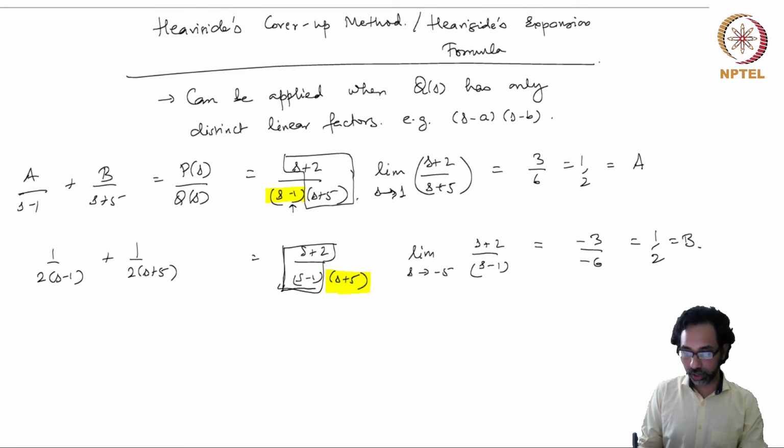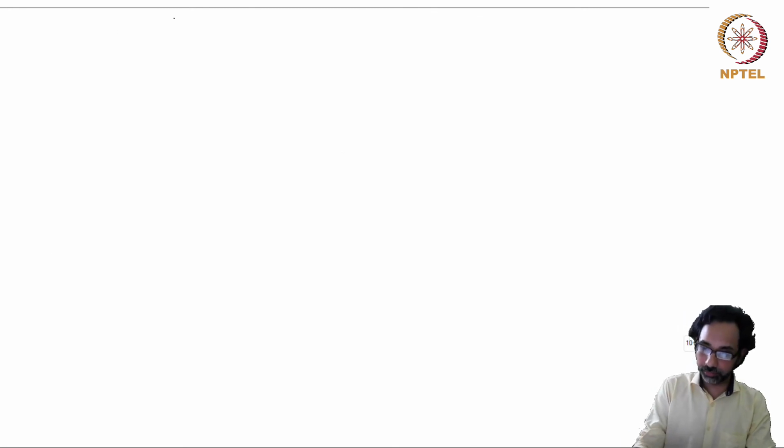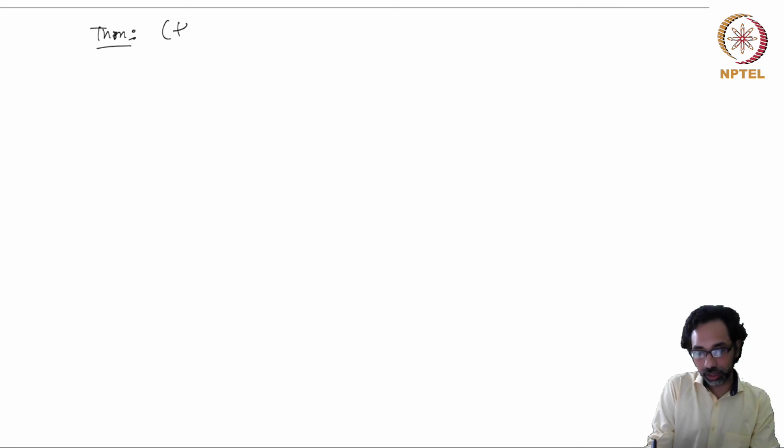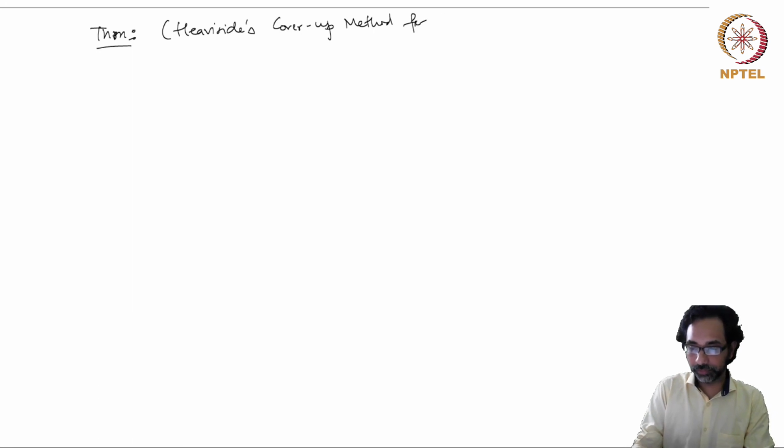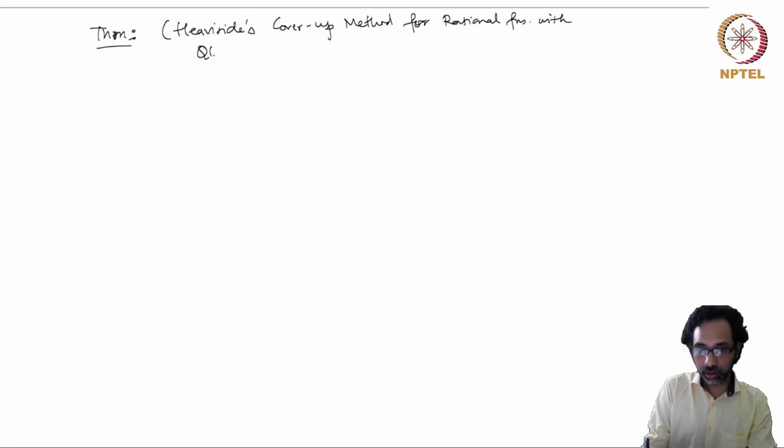So this is the Heaviside's cover-up method, and let me write this as a theorem. Heaviside's cover-up method for rational functions with q(s) having only distinct linear factors.